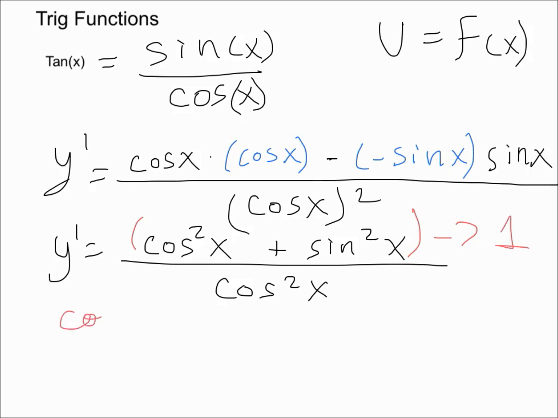So cosine squared plus sine squared of x is equal to 1. I will talk about identities in a future video again, meaning that the derivative of tan x is simply 1 over cosine squared x. Sorry.